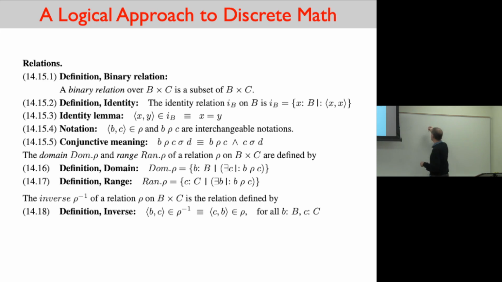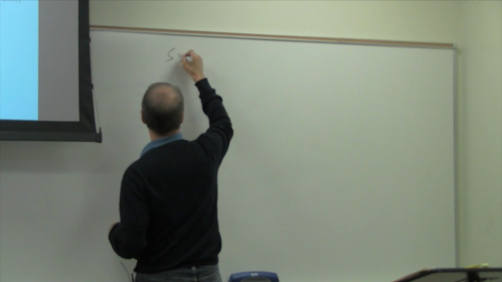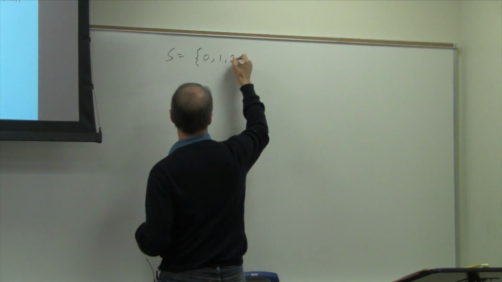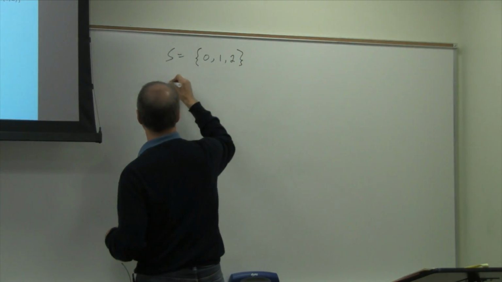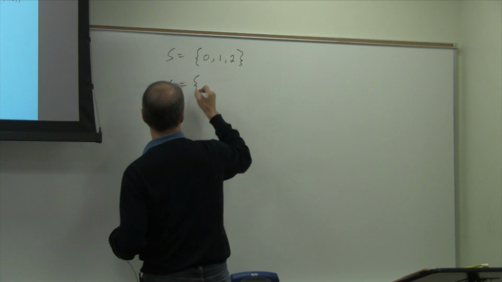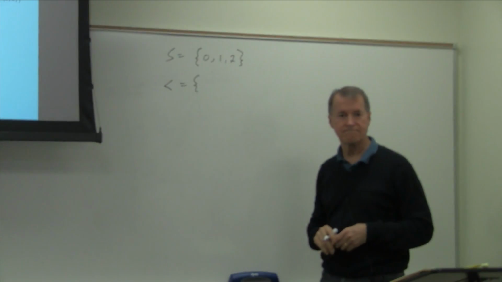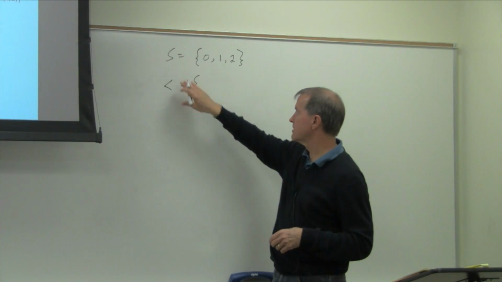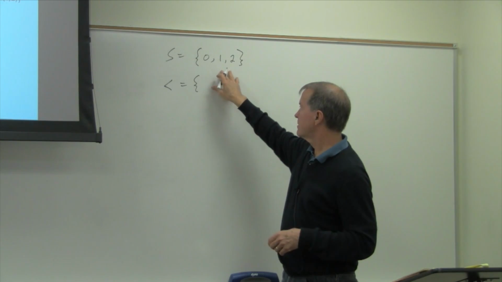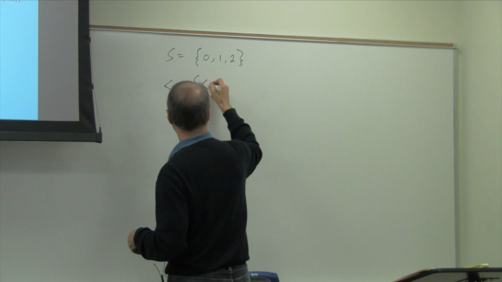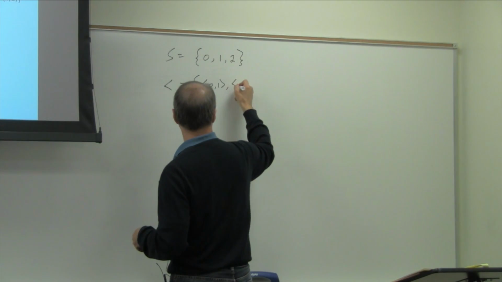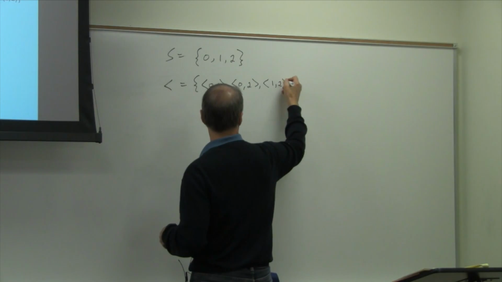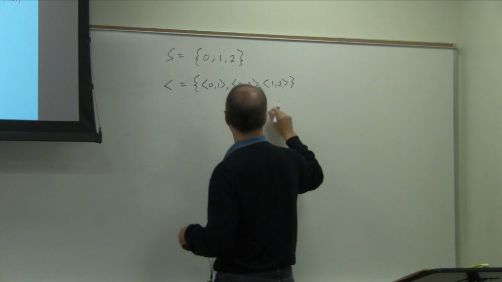If S equals the set 0, 1, 2, and then we said the less than relation was what set? It was ordered pair 0, 1, ordered pair 0, 2, ordered pair 1, 2, right? Are you with me?